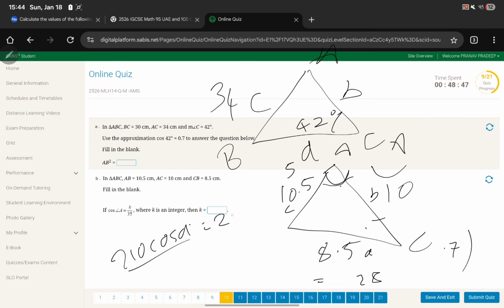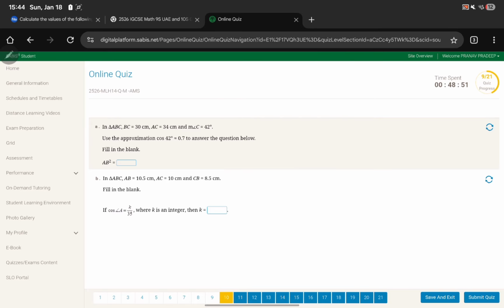Once you do the division, you get 23 over 35. So K is 23.